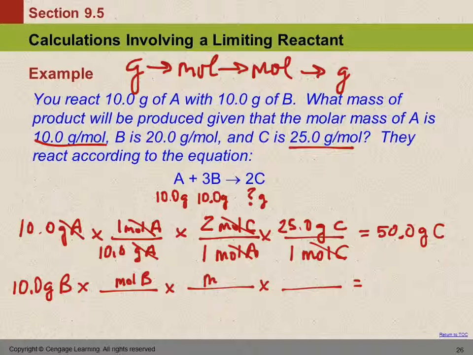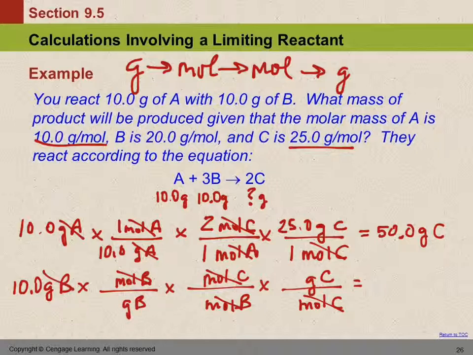So this is moles of C and grams of C. Then we put the other units in so they'll cancel out. And we've got it all set up, now we just go looking for numbers.